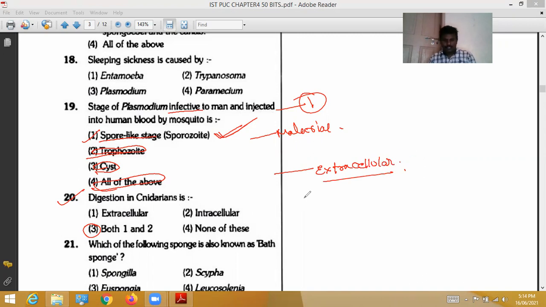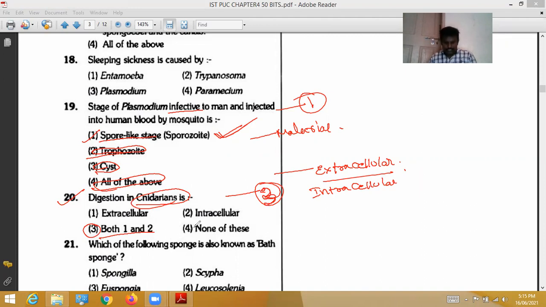Intracellular digestion is the digestion which takes place inside the cells. This is commonly found in cnidarians. So the correct option is both 1 and 2, the third option, for the 20th question.